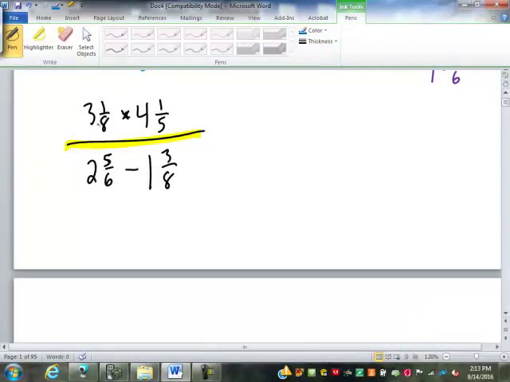So we have to start out on top. 3 1/8 times 4 1/5. One of you guys lead me through it. What's going to go up here?